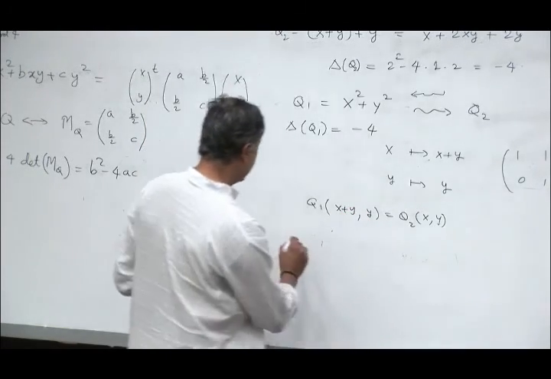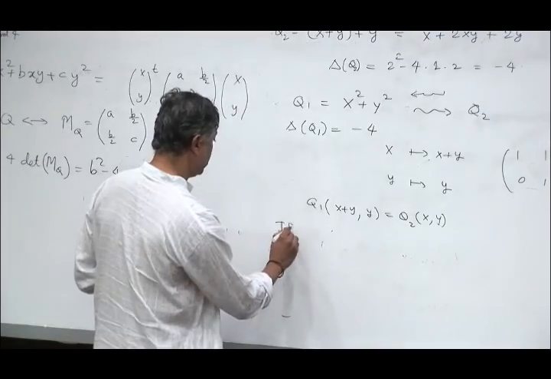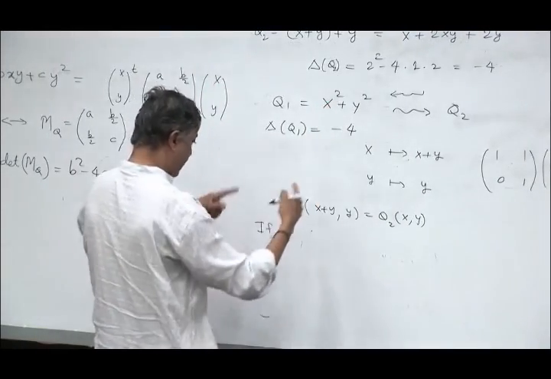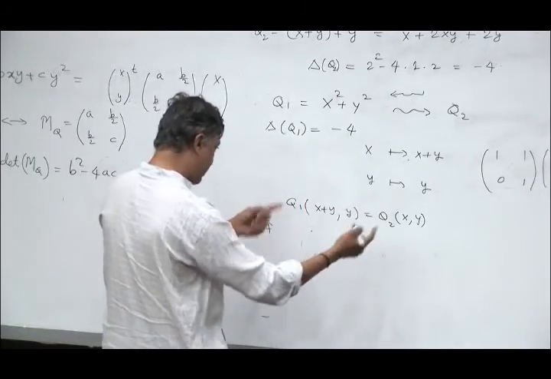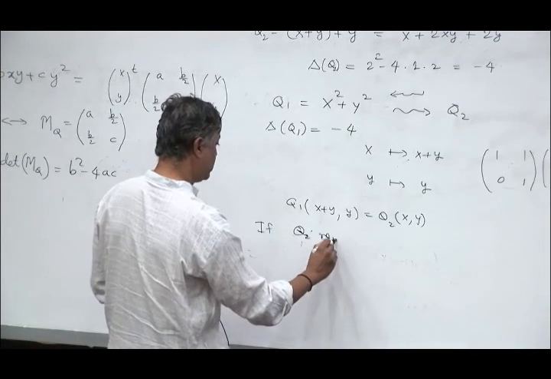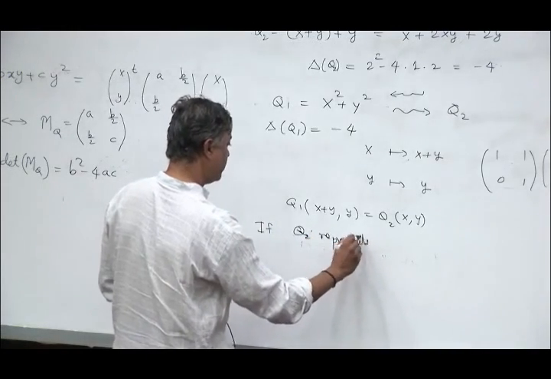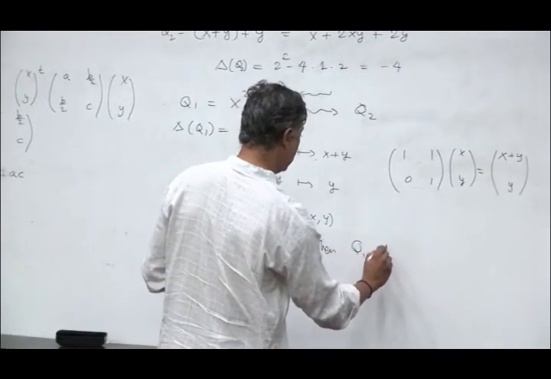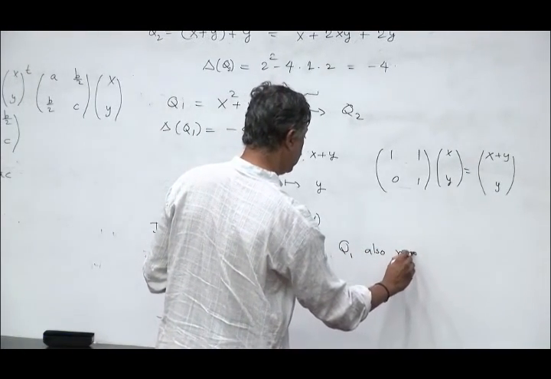So this is an easy observation. In this particular case, I am illustrating my example. Let me just say it again: if q2 represents n, then q1 also represents n.